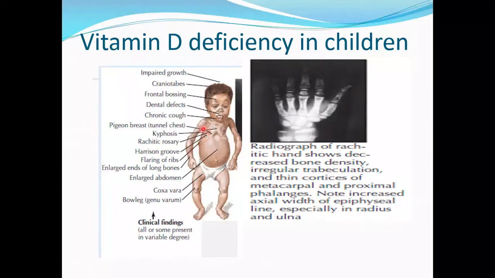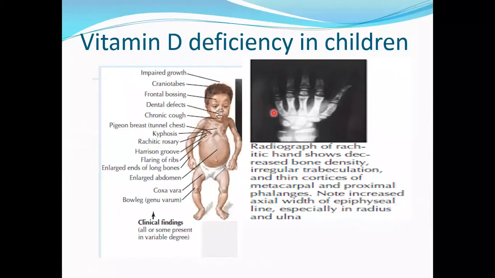There will be kyphosis at the level of the spine. The chest looks like a tunnel, which is called pigeon breast or pigeon chest. Then obviously, whenever there is deficiency of vitamin D, it results in dental defects and bony abnormalities. Along with that, there will be frontal bossing and impaired hair growth.